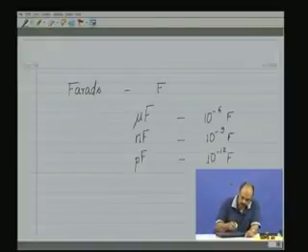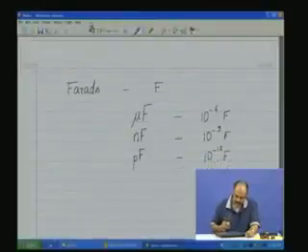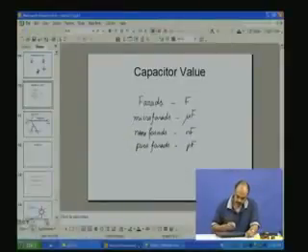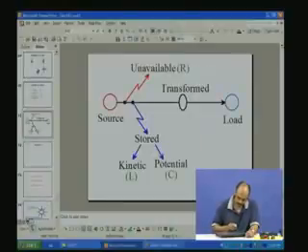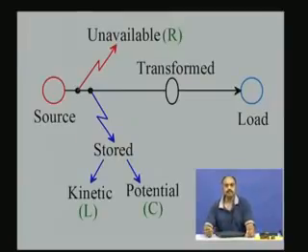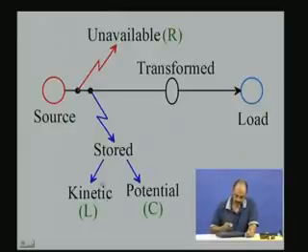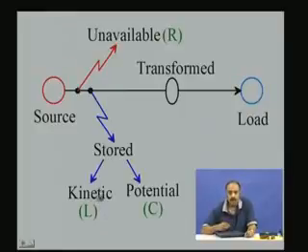So, now we shall come to the next topic, the third component in our list, which is the inductor. We saw that the capacitor stored the potential energy. So, the inductor stores the kinetic energy. So, what is the analogy?